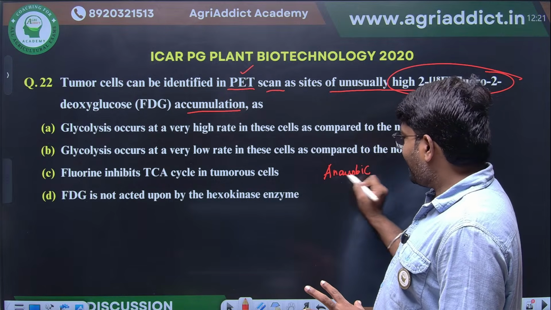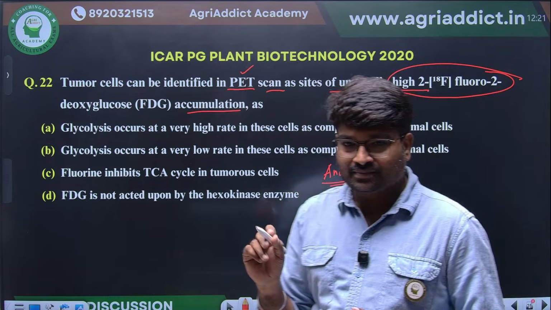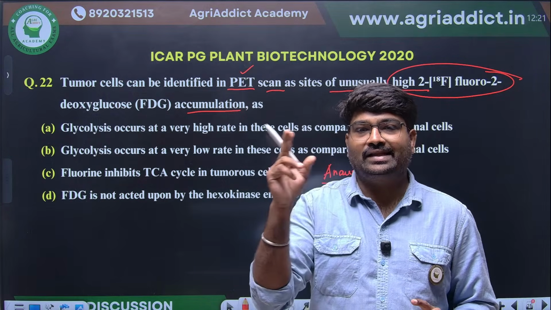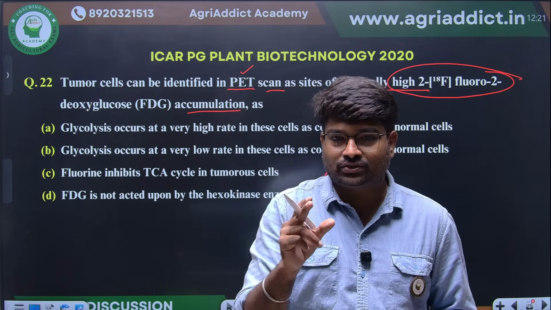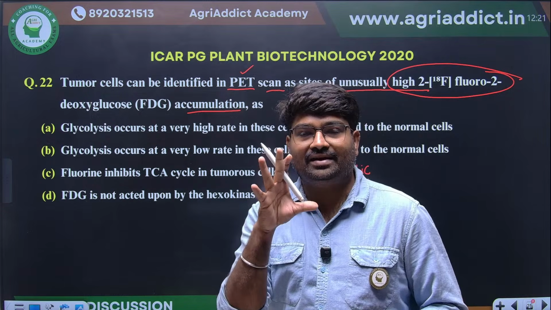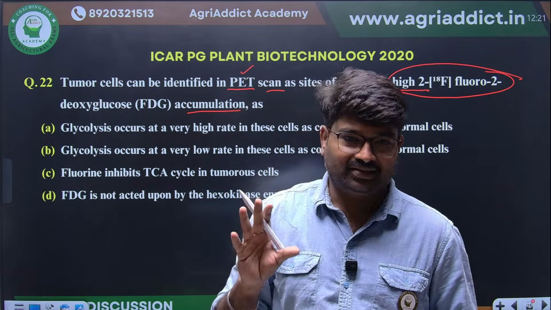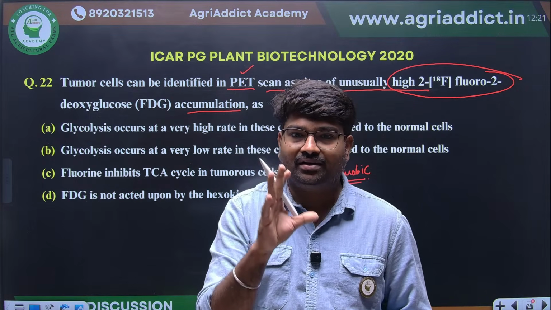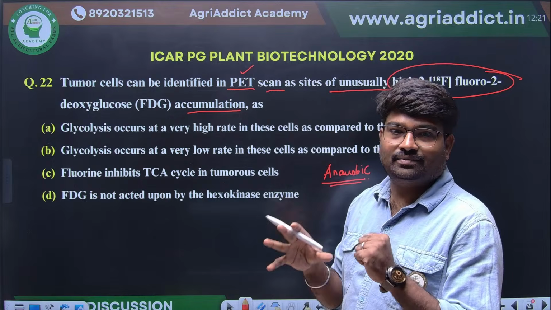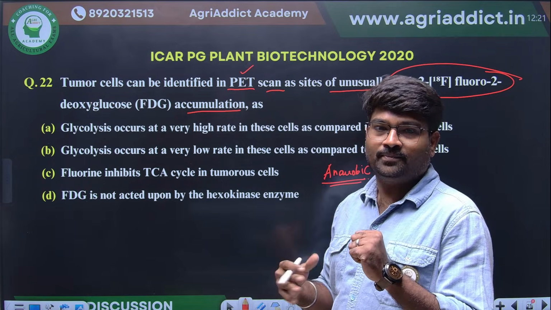If anaerobic condition is there, pyruvate will not be oxidized to acetyl CoA and further to carbon dioxide and water. So the cancer cell will depend on glycolysis as the sole source of energy. So there will be higher consumption of glucose in cancer cells.